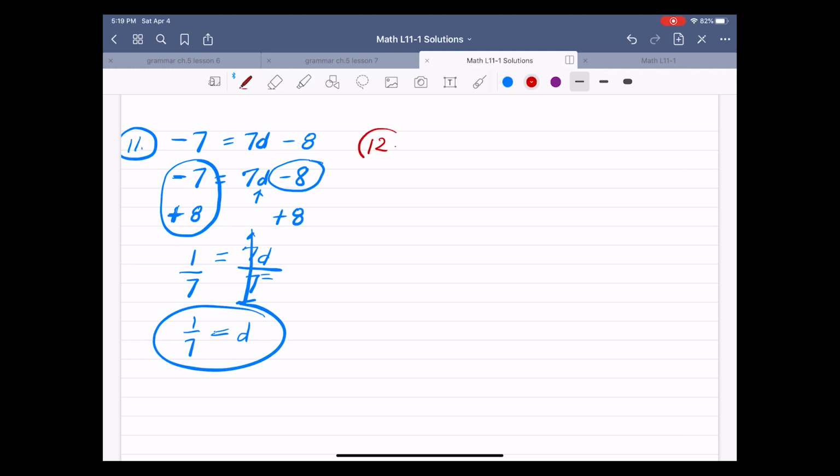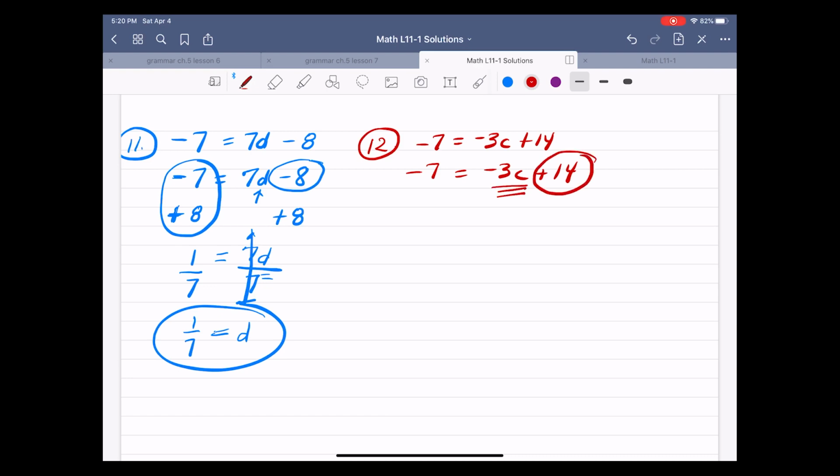Number 12. -7 equals -3c plus 14. I'm going to rewrite my problem. Okay, and I've got my variable c, but I want to get rid of this first.